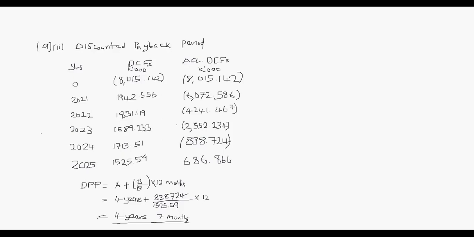Number 3 has asked us to calculate the undiscounted payback. For undiscounted cash flows, it means instead of using these discounted cash flows, we use undiscounted net cash flows.